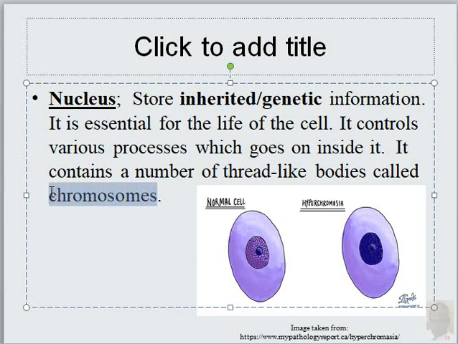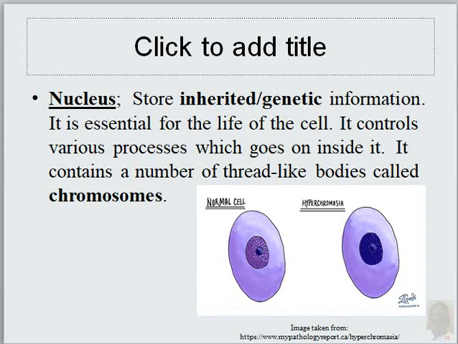So the books would be like the chromosomes, and the information within the book would be like the DNA, the genetic information. So the nucleus is important because it is like a library, and it stores a whole lot of information.